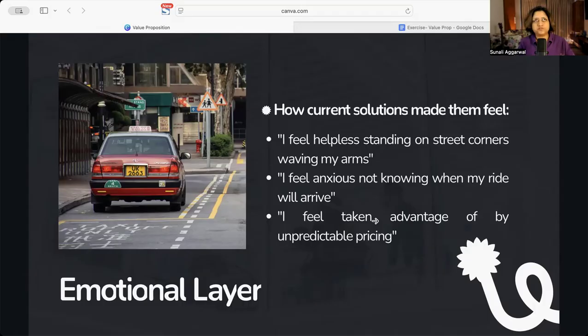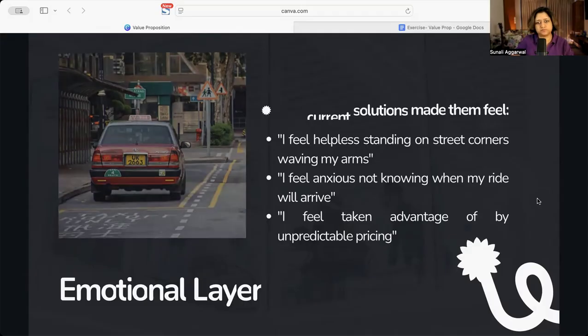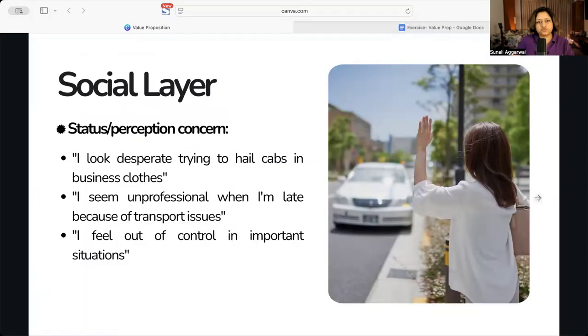And I'm going to go from point A to point B, and I don't know how much it's going to cost. So unpredictable pricing makes them uncomfortable. That's how somebody feels. So social layer: I look desperate trying to hail cabs in business clothes. I seem unprofessional when I'm late because of transport issues. I feel out of control in important situations.